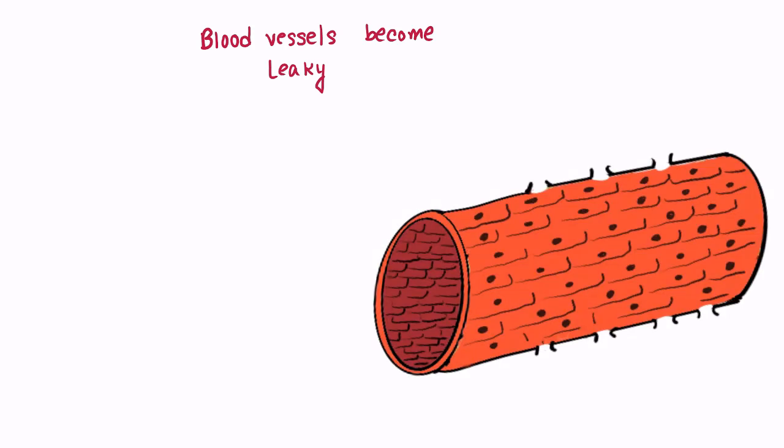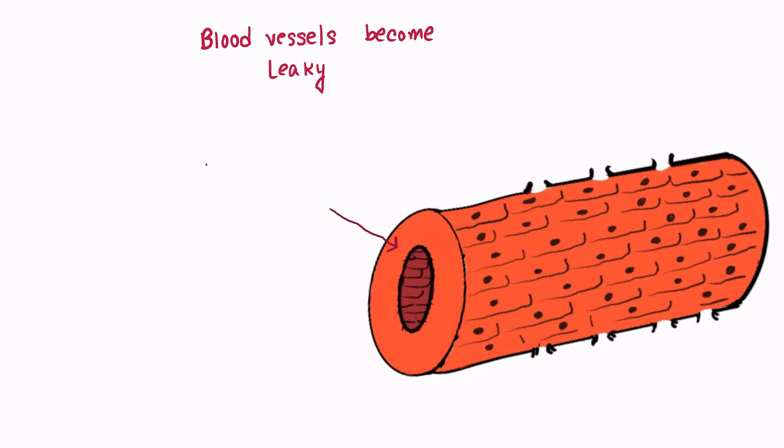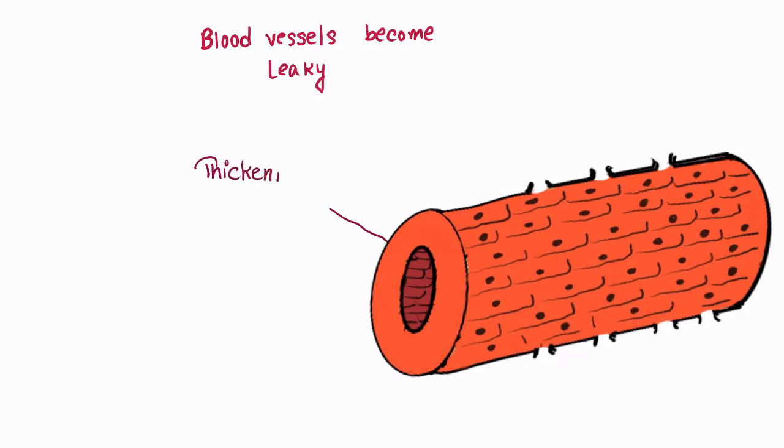Due to the loss of pericytes, the blood vessels become leaky and the basement membranes become thickened. In the picture, you can see this thickening of basement membrane.